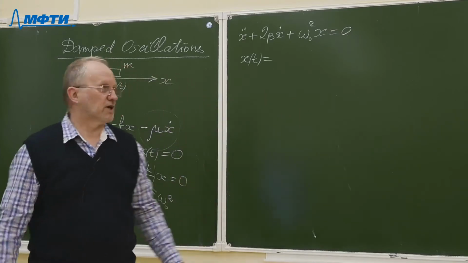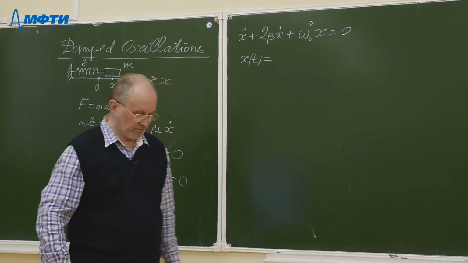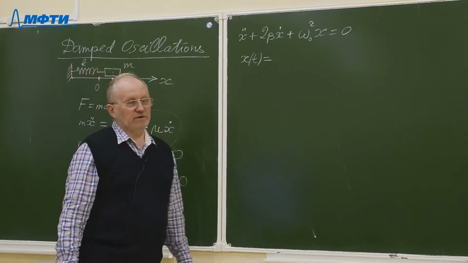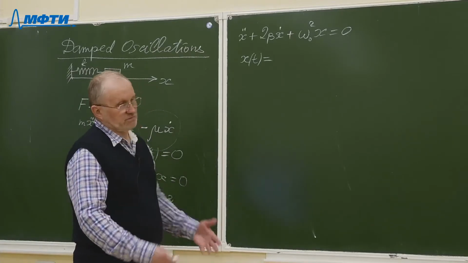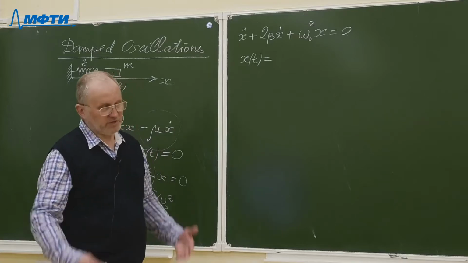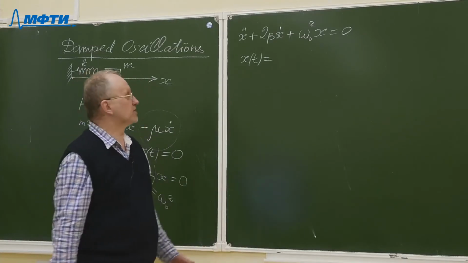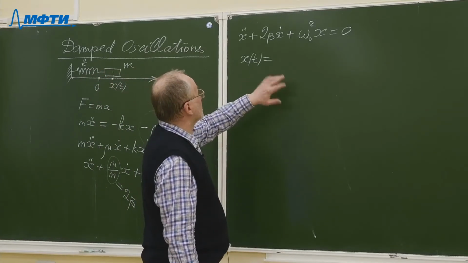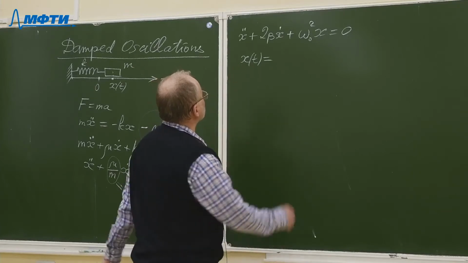And the 2 unknown constants shall be defined from initial conditions in each particular case. When you solve any particular problem, you have some initial conditions, initial displacements, initial velocities, and these initial conditions will allow you to define 2 unknown constants, which will be here. And the solution to this equation will be this.